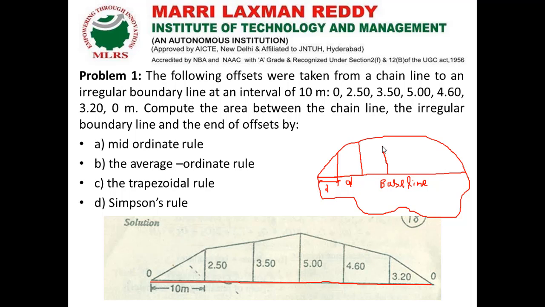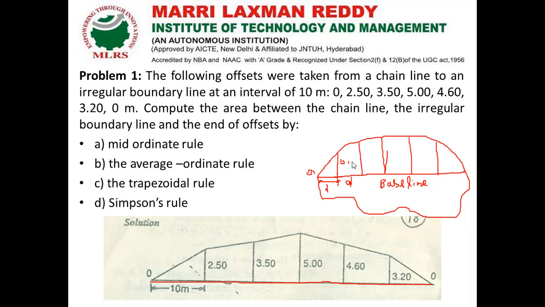So for the common distance we have to take the reading. So this is called offsets. O1, from here also.